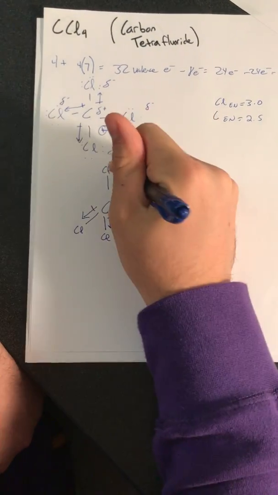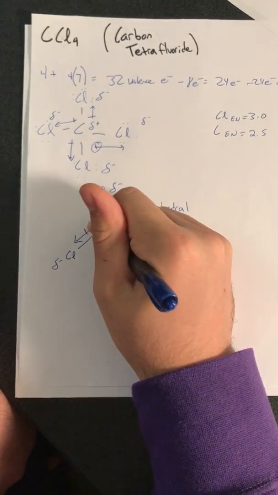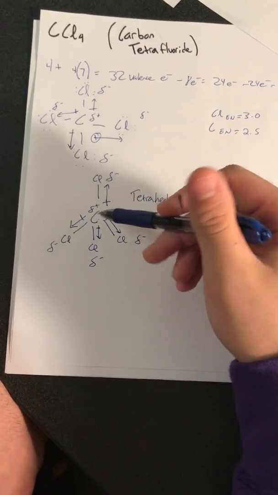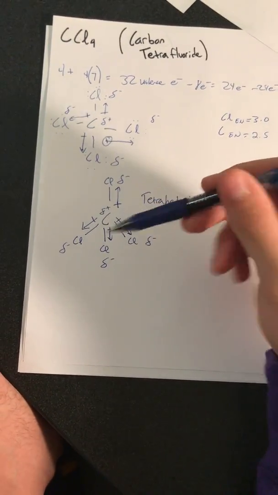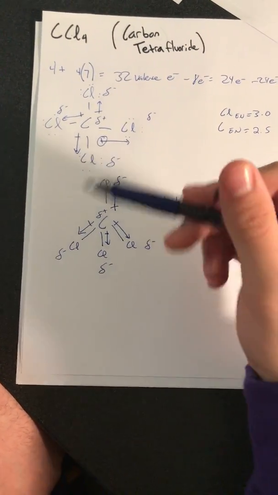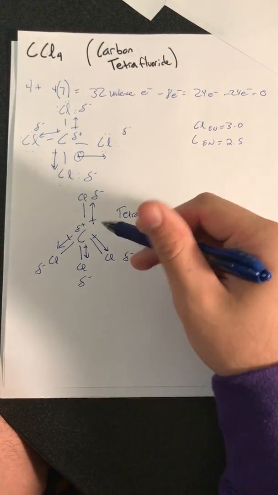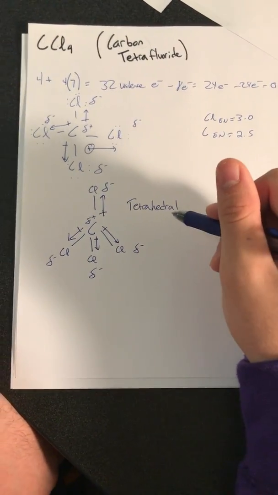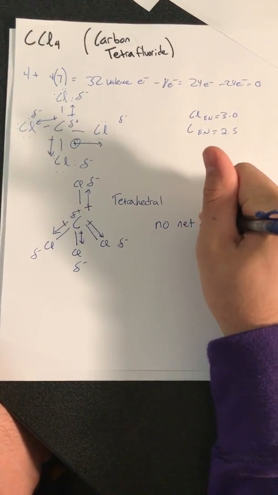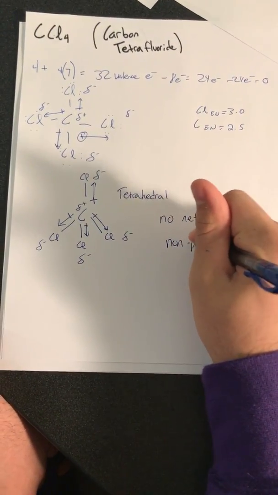As well as our partial negative charges, so as not to forget, and our partial positive charge on carbon. So, since the central atom, carbon, has 4 identical domains, then the bond dipoles will in fact cancel, meaning that there is no net molecular dipole, which would make this molecule non-polar.